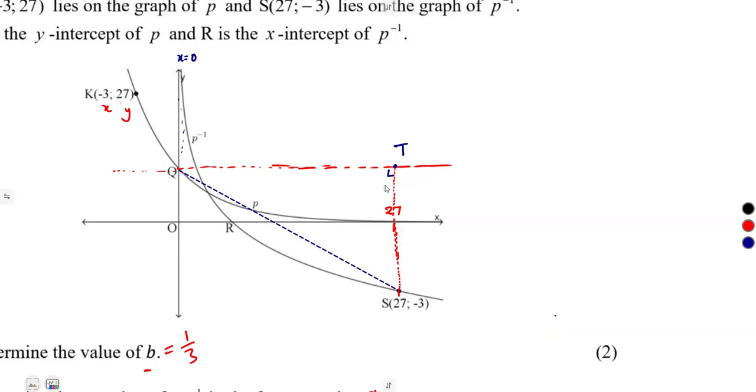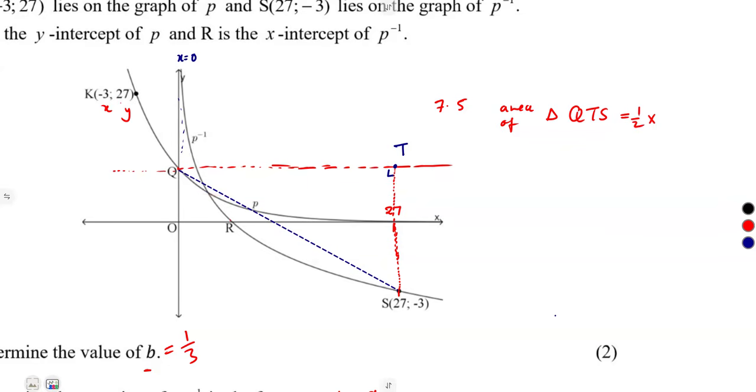Remember, I said these two meet at 90, a horizontal and a vertical line. So we can actually determine the area of this triangle. To find the area of triangle QTS, it's a right angle triangle, so it's going to be half of the base times the perpendicular height.